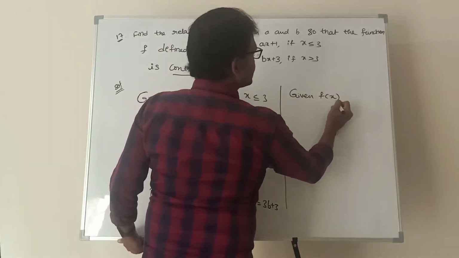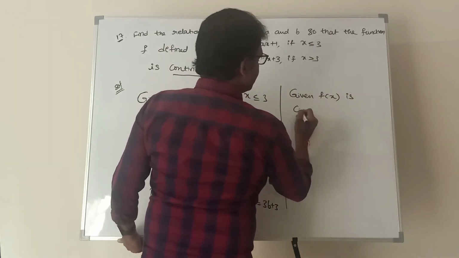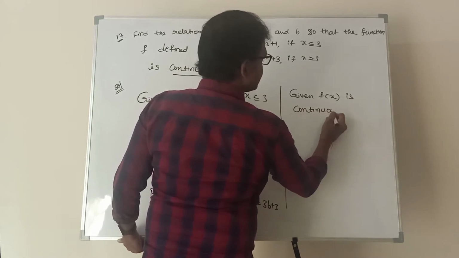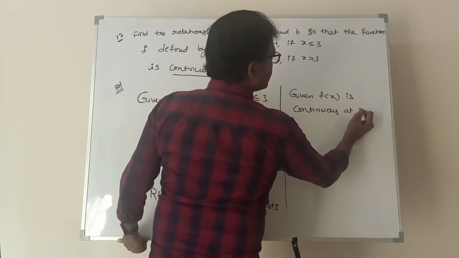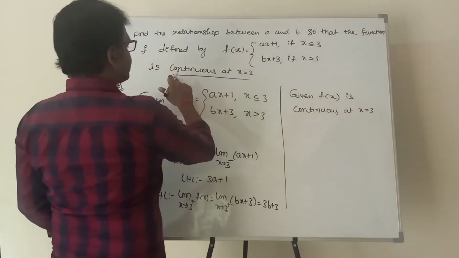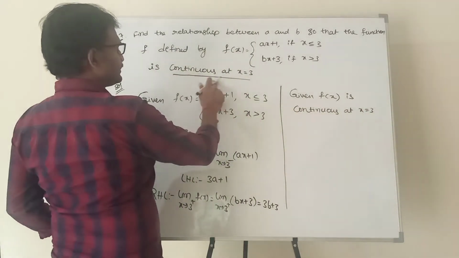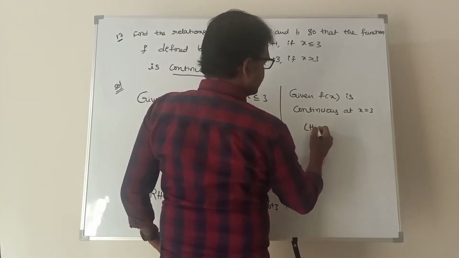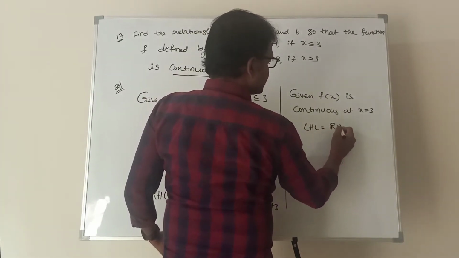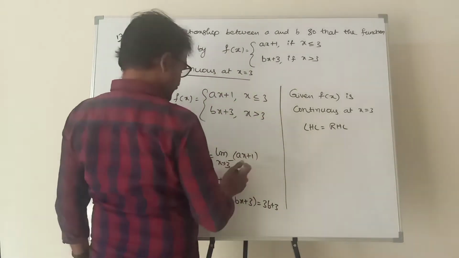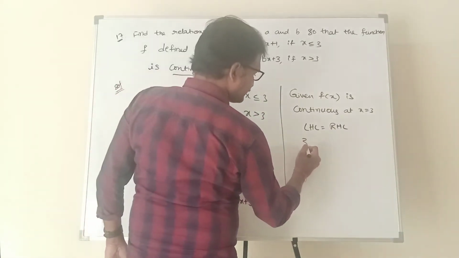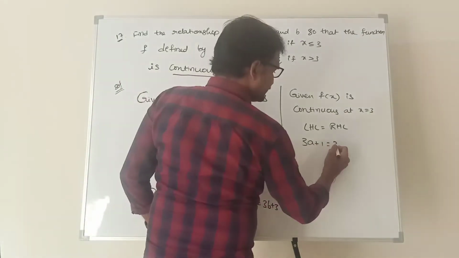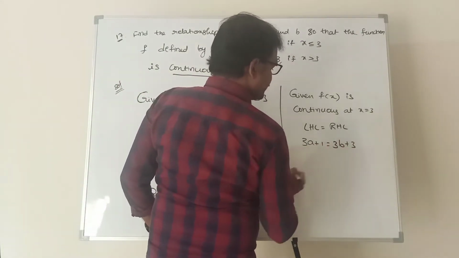Given f of x is continuous at x equal to 3. This is given, the function is continuous at x equal to 3. So that means LHL is equal to RHL, left hand limit is equal to right hand limit. 3a plus 1 is equal to 3b plus 3.